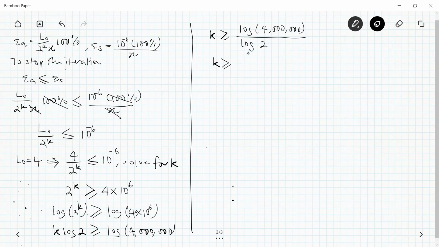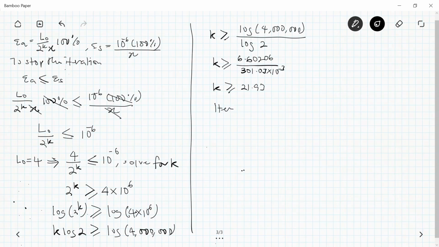This is equal to 6.60206 divided by 301.03 times 10 to the power of minus 3, which is around 21.93.